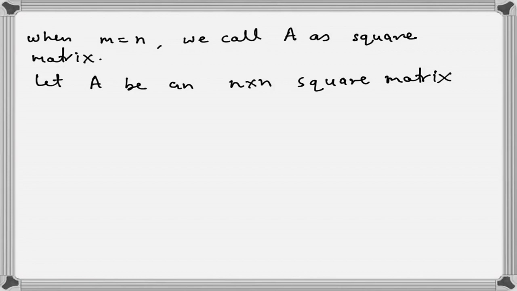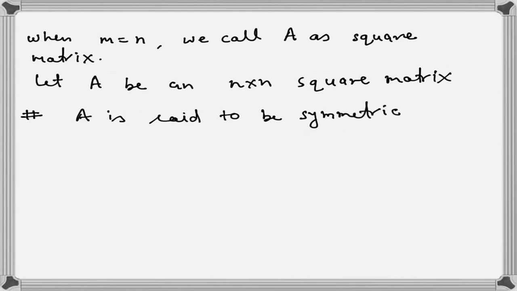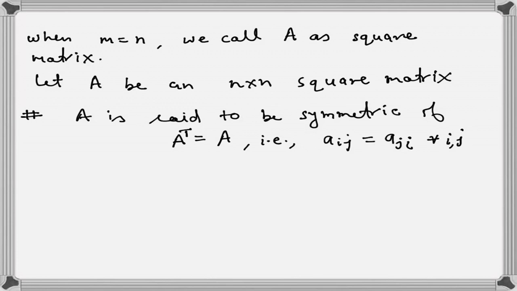Then A is said to be symmetric if A transpose is equal to A. So that is, aij is equal to aji for all i, j.